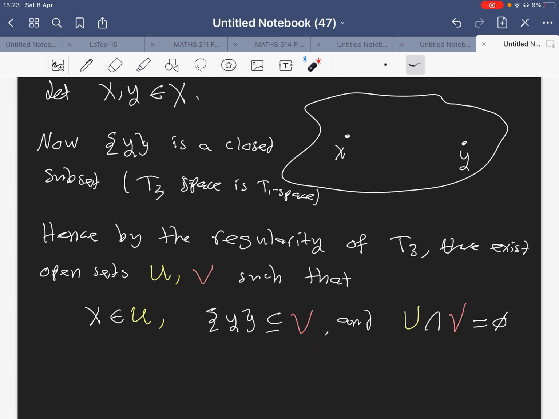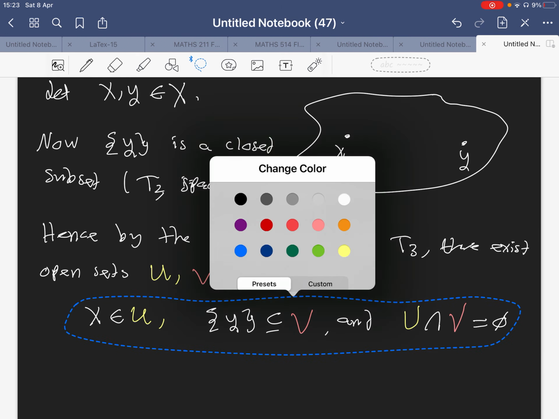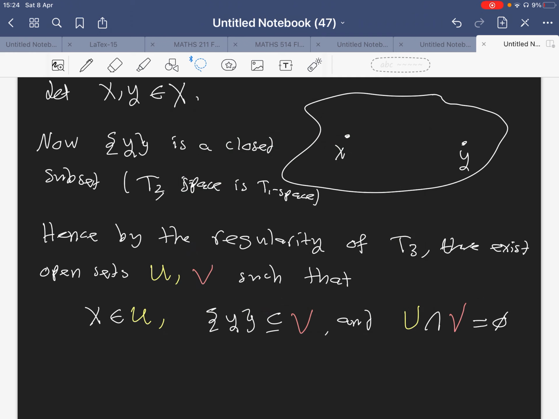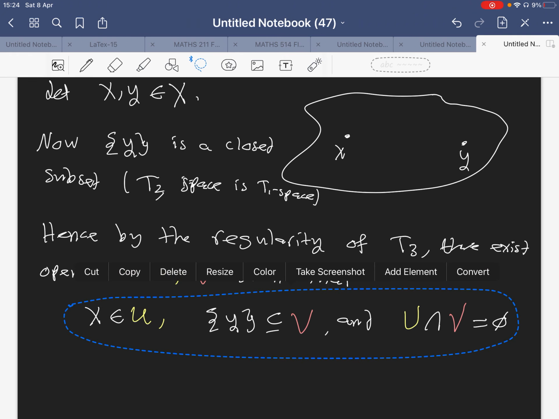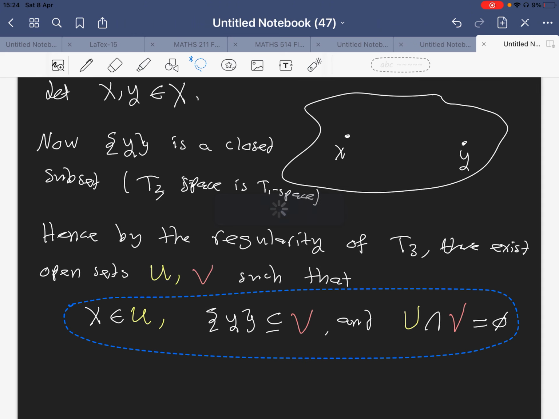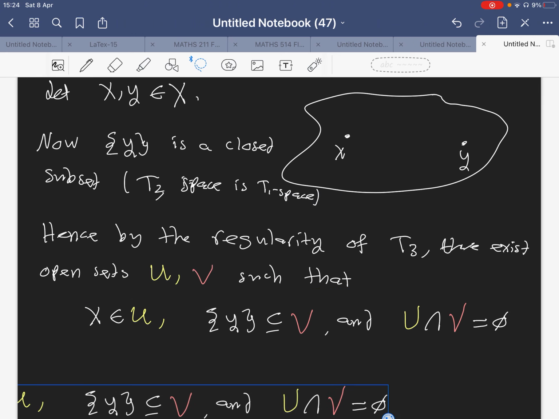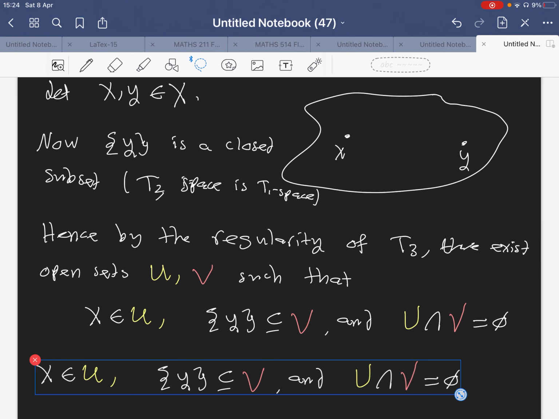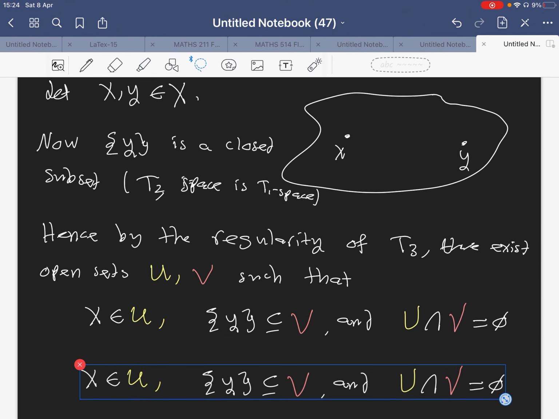So if we just take exactly the same thing here, we rewrite it again. Let me just make sure that we copy it. If we put it here and do a small change, we get the definition.